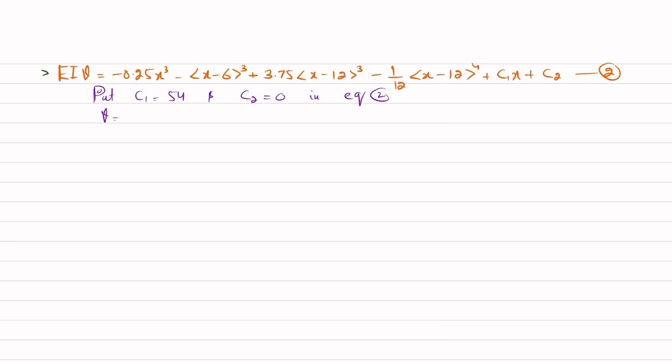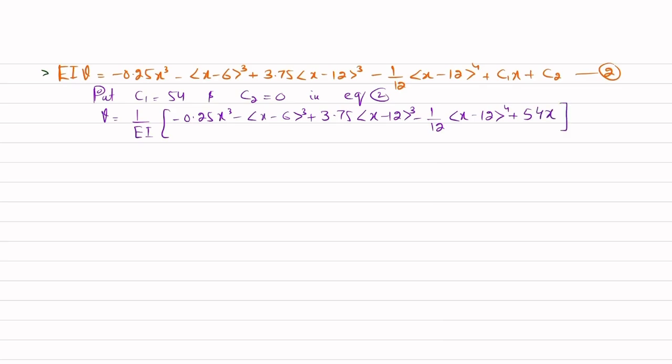So v is equal to, and divide by EI on both sides, so 1 over EI into minus 0.25 x cube minus x minus 6 cube plus 3.75 into x minus 12 cube minus 1 over 12 into x minus 12 power 4, plus 54x, and C2 is equal to 0.